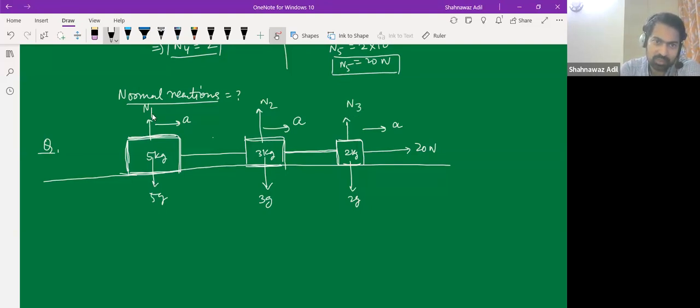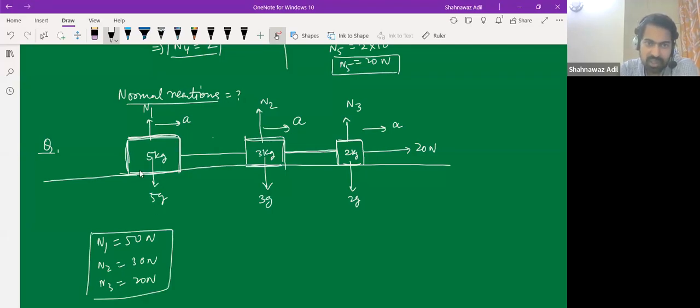These are at equilibrium, the upper direction or Y part is at equilibrium, so we will not consider that part. From that we can write N1 is 50 Newton, N2 is 30 Newton, and N3 is 20. So we are not considering that. We are only focused on this X direction.